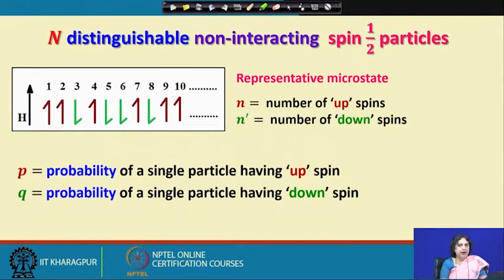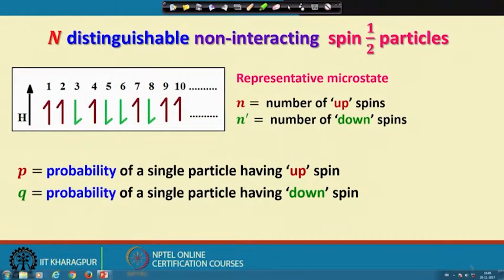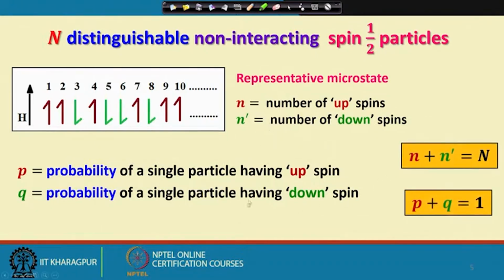Now, till now I have not been talking about the probability of having this single particle either in the up spin or in the down spin, except that I have said that there are only two such possibilities allowed by quantum mechanics. Now, if I introduce these two conditions, that a representative microstate must have n up spins and n prime down spins, and the corresponding probabilities are p and q, then I must have two conditions satisfied.